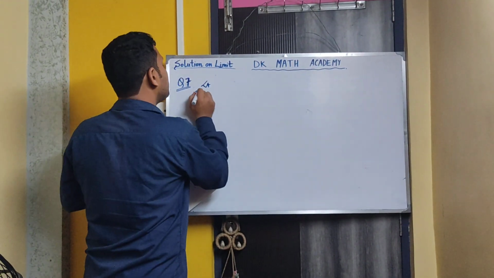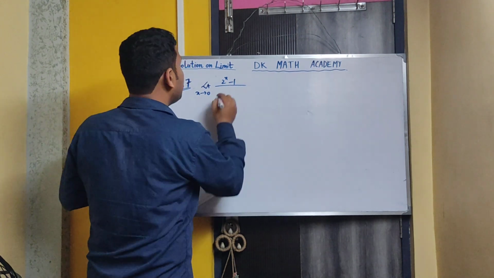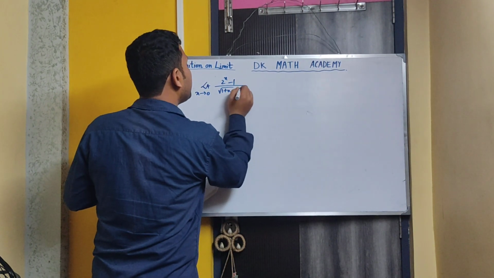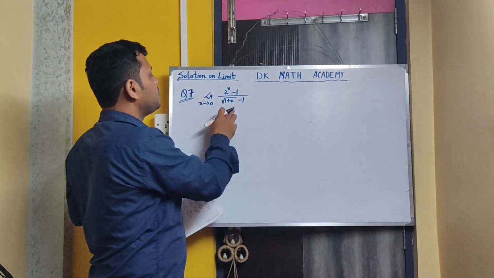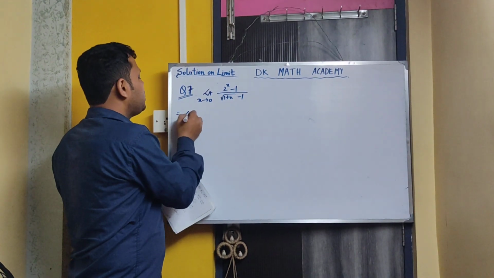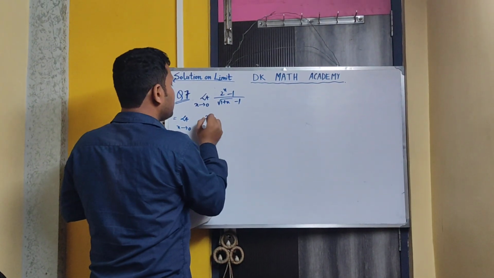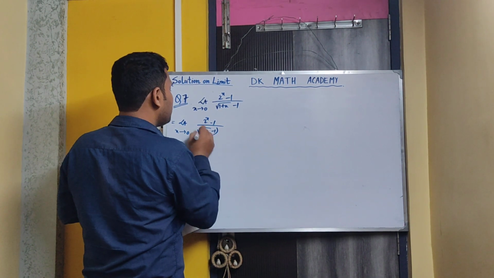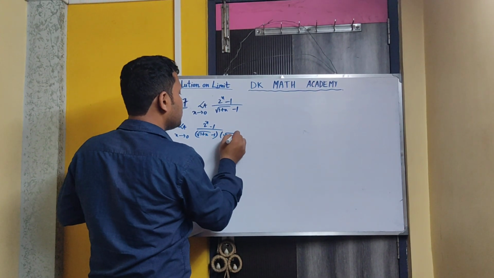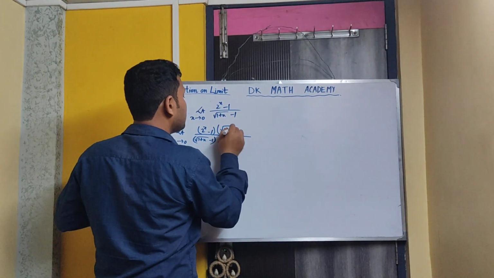We see the next problem. Limit x tends to 0, 2 to the power x minus 1 divided by root over 1 plus x minus 1. There is a root in the denominator. We multiply this 2 to the power x minus 1, we multiply here root over 1 plus x plus 1.